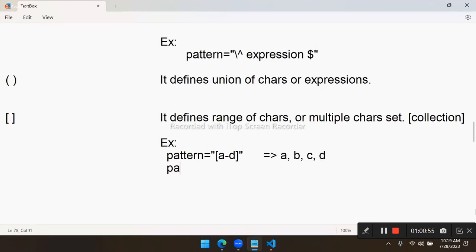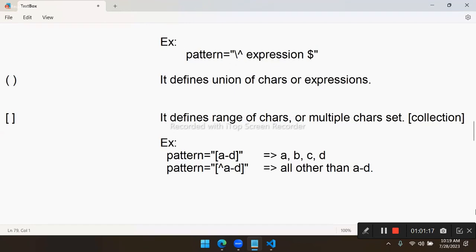You can write here a pattern like ^A-D. This indicates all others, other than A to D.